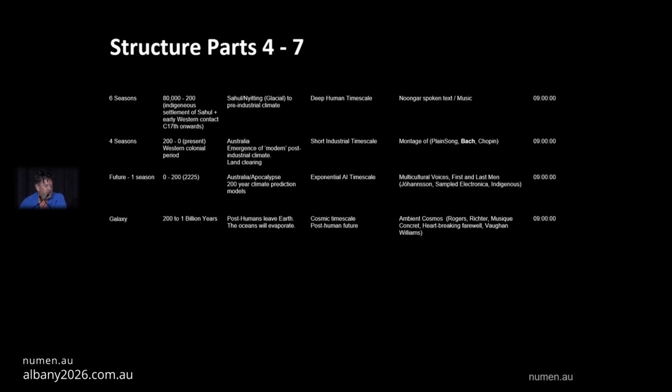From 200 years ago to the present, we have modern Australia as named by Matthew Flinders, and the emergence of large-scale, Western-based agriculture and land clearing. That obviously has significant impacts upon climate, and the change of biodiversity and habitat, compared to the previous 80,000 or 45,000 years, depending upon your time frame, about how landscapes changed in that time frame.